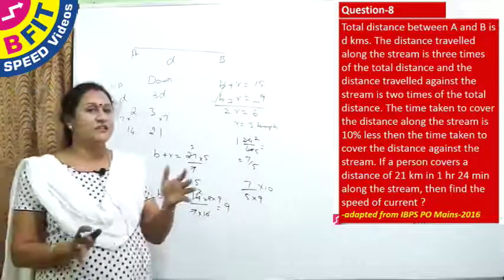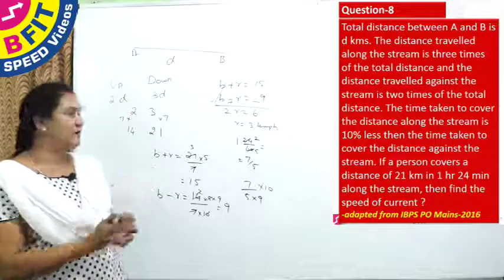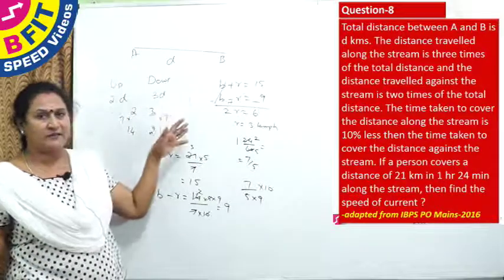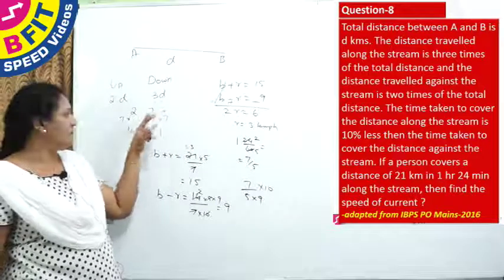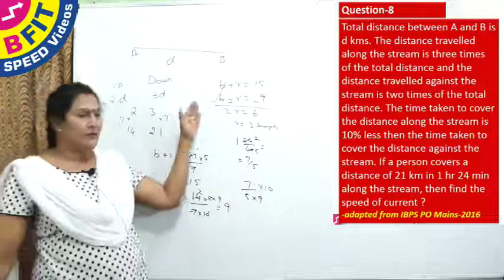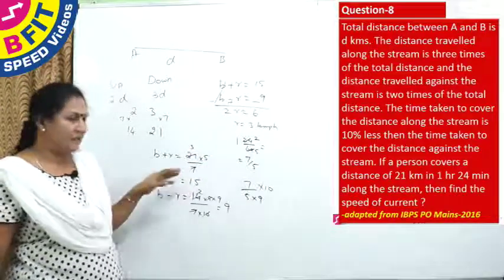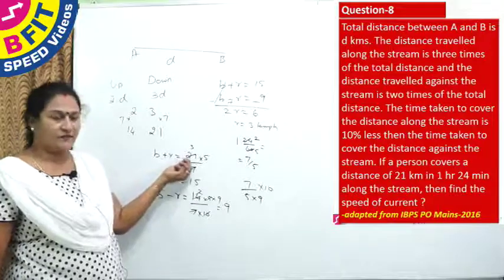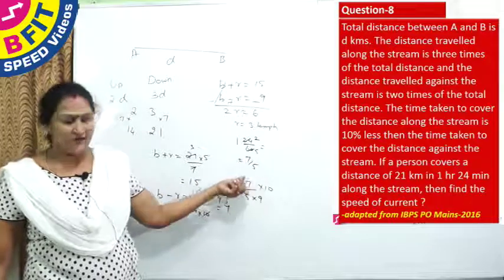So now this question seems to be big, but this has 2 parts. In the first part we have all the explanatory details given, that is ratio of distance covered upstream and downstream, 2:3, and time taken for upstream and downstream, 10:9. And the actual data given is distance 21, time taken 1 hour 24 minutes, which is nothing but 7/5 hours.